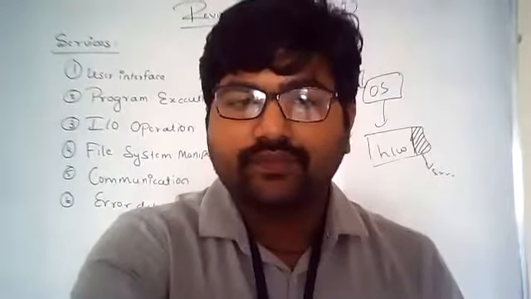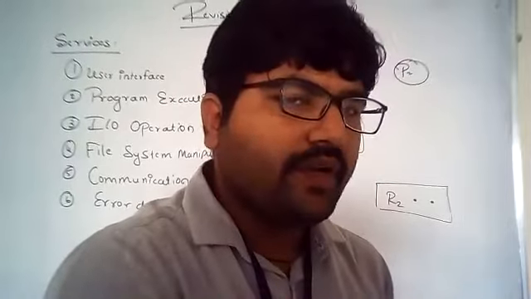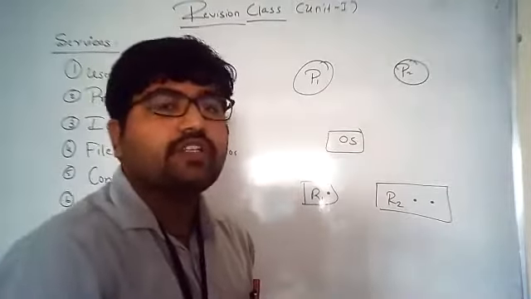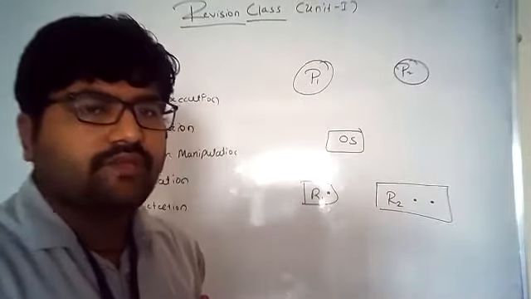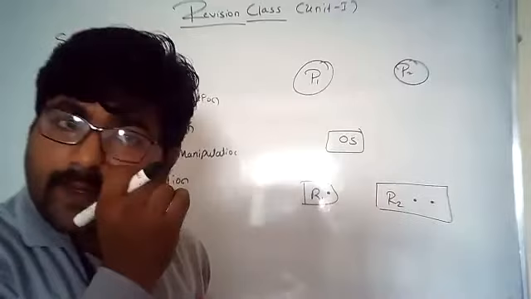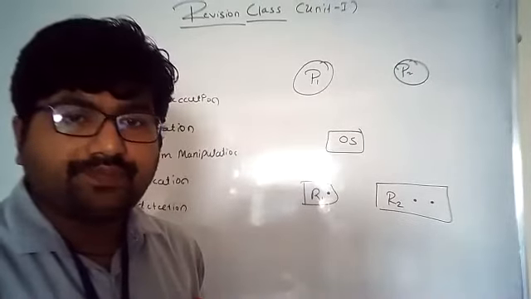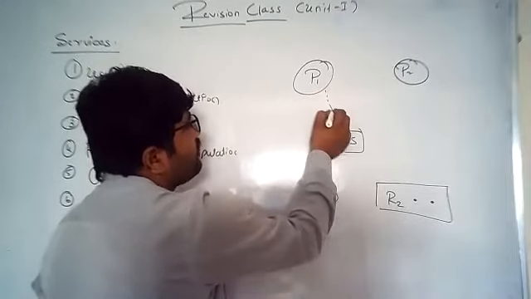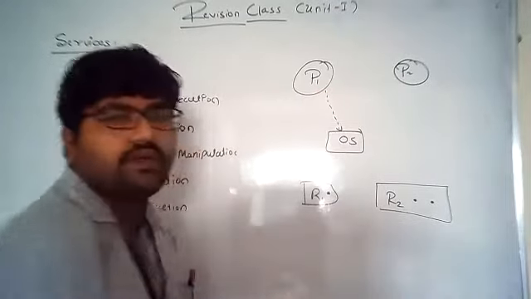Error detection. Now let me learn some important terms here. The OS gives special services to us. What do you mean by those services? So what happens here? P1 requests R1.